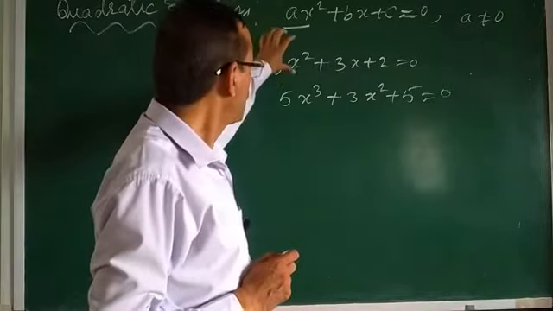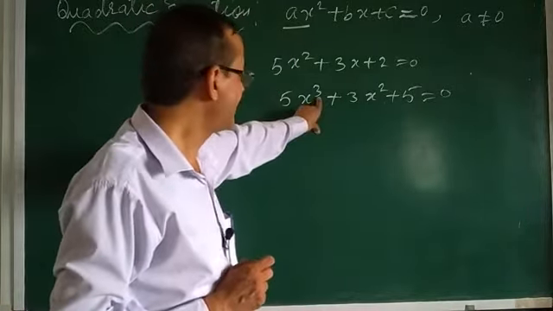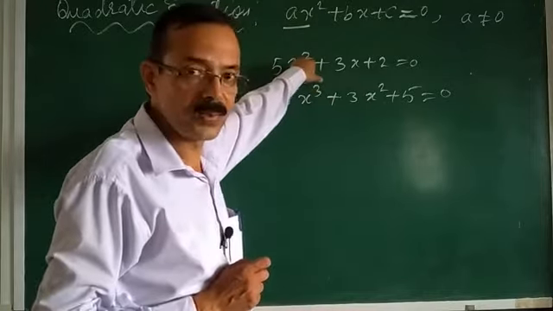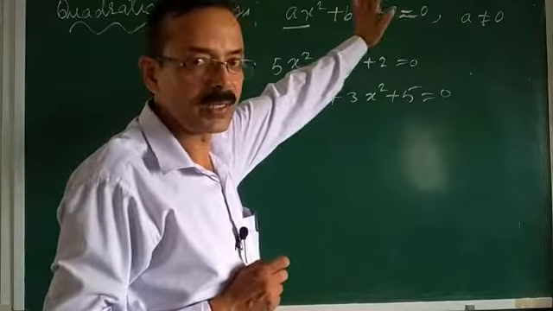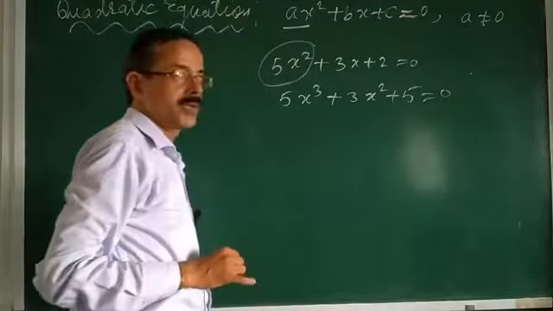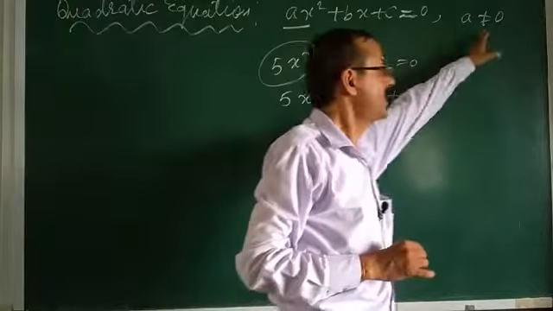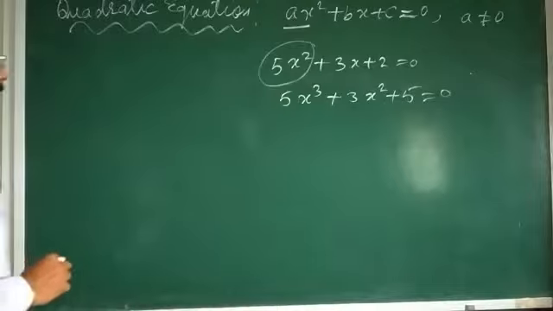The first will be the quadratic equation, this will be a cubic equation, because the highest degree is 3 here and 2 there. We have to see highest degree 2 for the quadratic equation. And this term should not be 0, because we said a should not be equal to 0 for the quadratic equation.